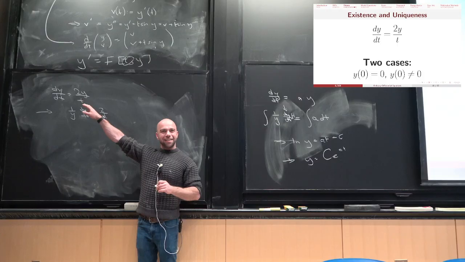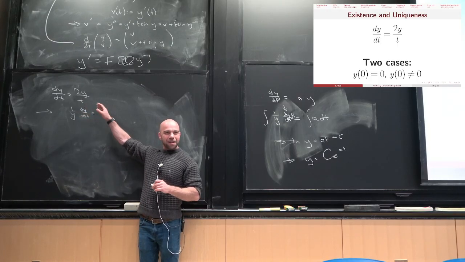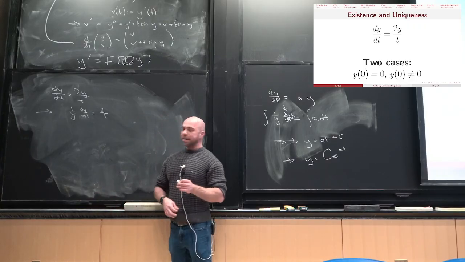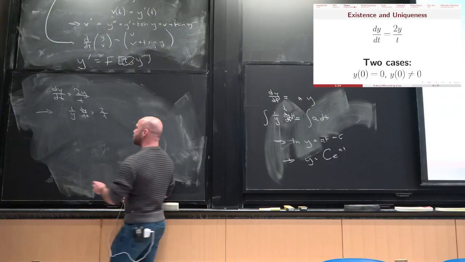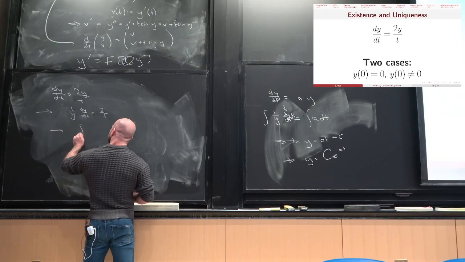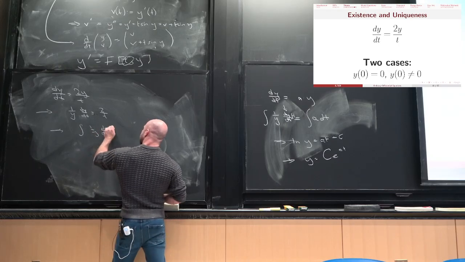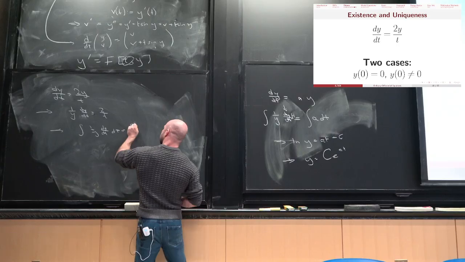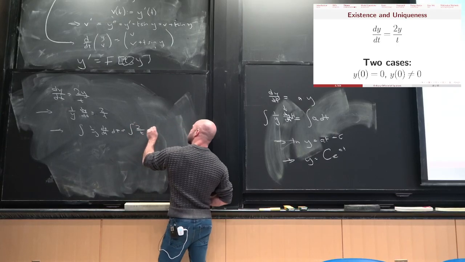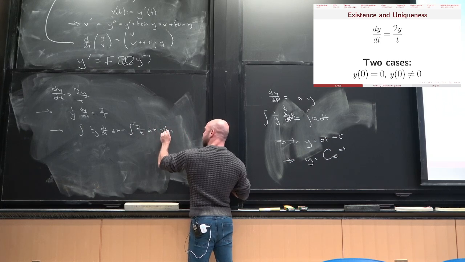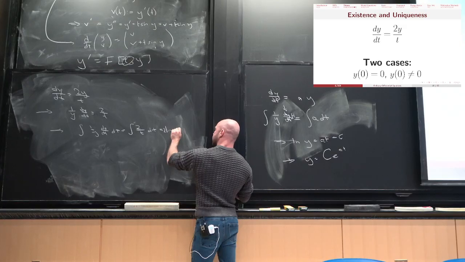If we can isolate y and t in these problems, we can basically always do the trick that we're doing here, which is to now integrate both sides with respect to t. Now we have the integral of 1 over y dy dt dt is equal to the integral of 2 over t dt, which is 2 times the natural log of t.